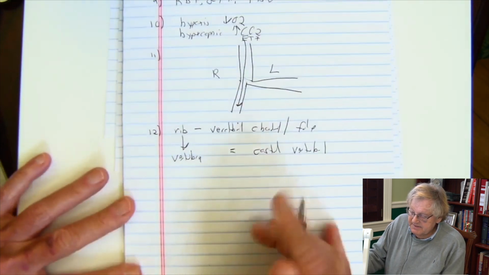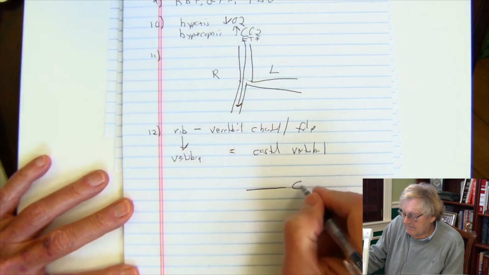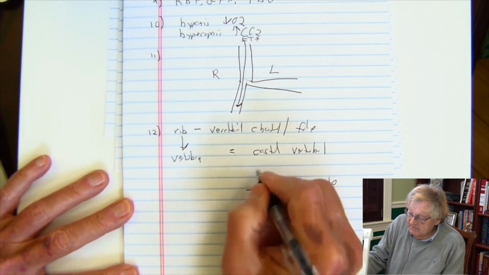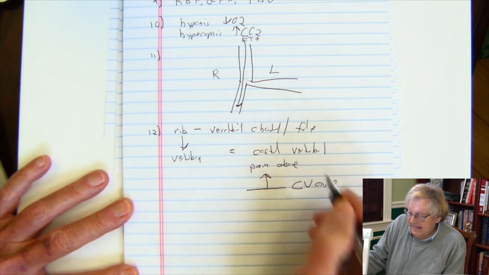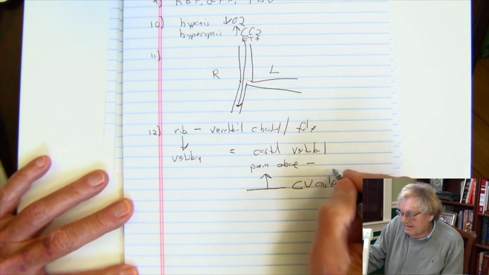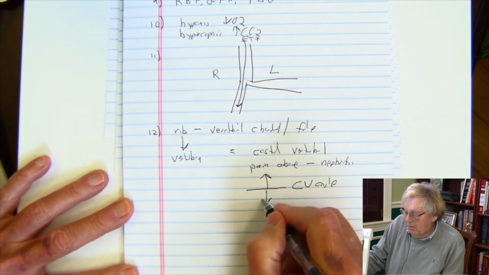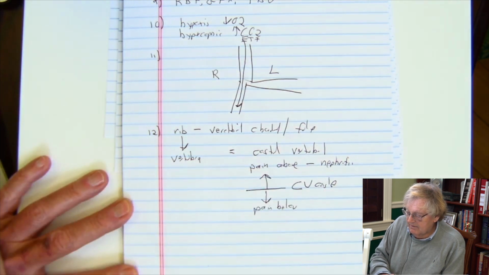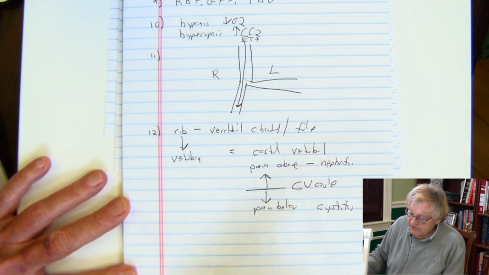Significance of that is pain scale. So if this was my CV angle, and I had pain above that angle, that would make me think that I've got a nephritis or a kidney infection. If I had pain below the CV angle, I think more of a cystitis or a bladder infection.